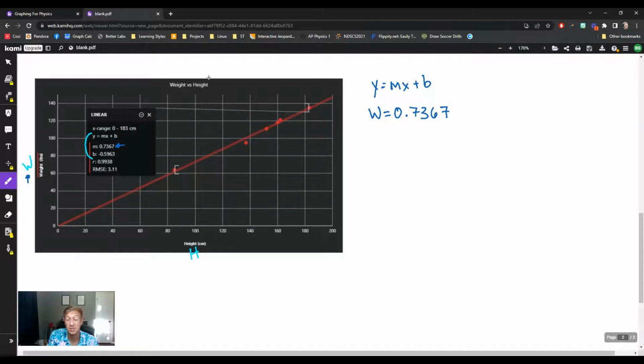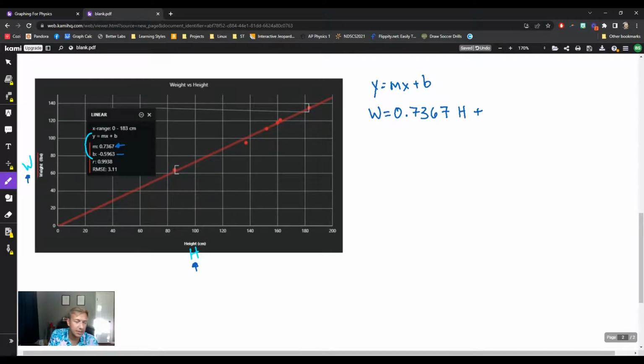0.7367. So in this case, this is one where the data is not super nice, but that's okay. 0.7367 times x. X is our height. The x variable, again, not centimeters, but h. I can give that a little bit of space so it stands out. Plus our y-intercept.